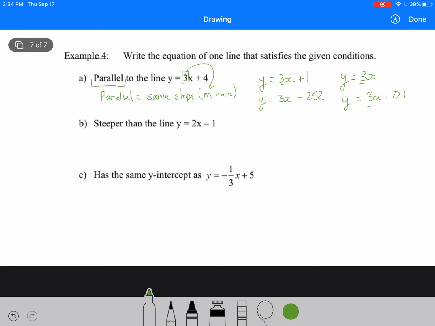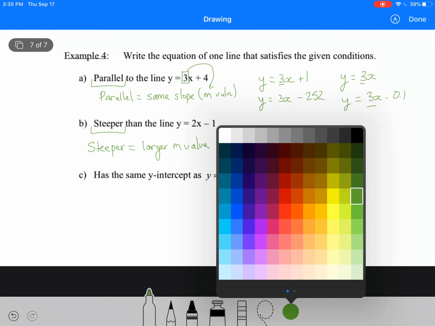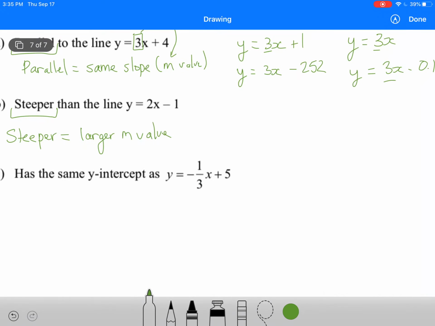There's part A. Part B says steeper than the line 2x minus 1. The word steeper means a larger m value. So it's got to be a bigger number than 2. As long as I choose something bigger than 2 for my slope, I'm going to be okay.